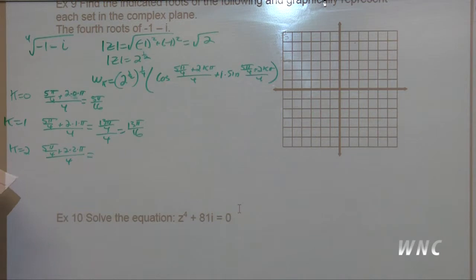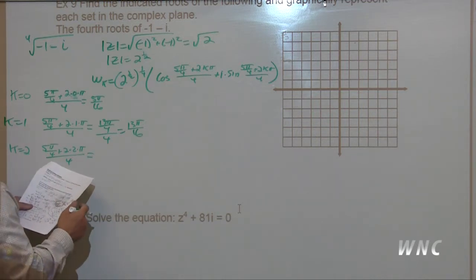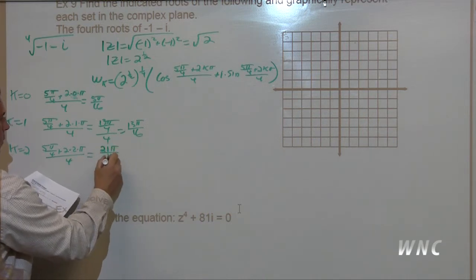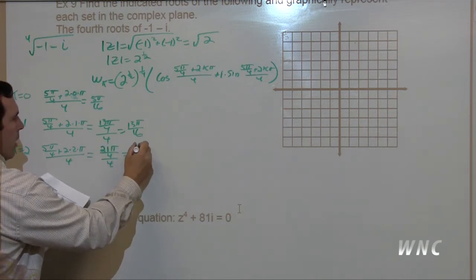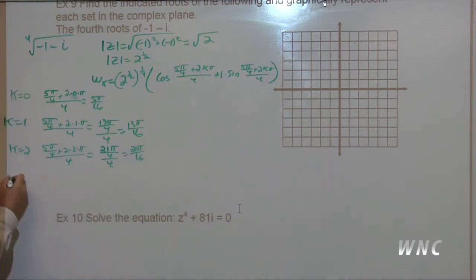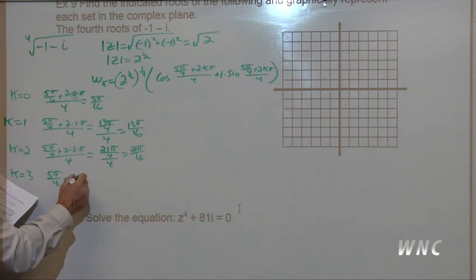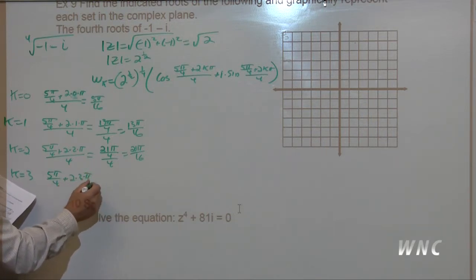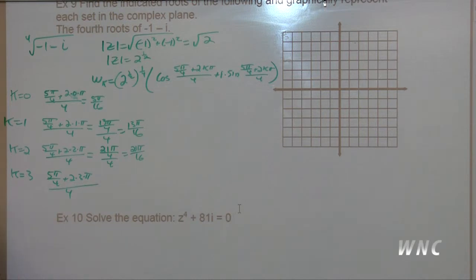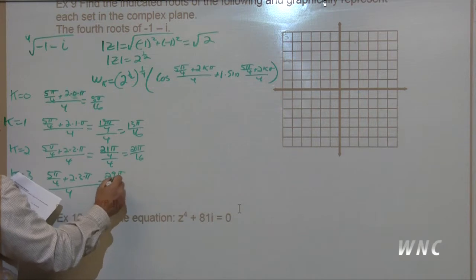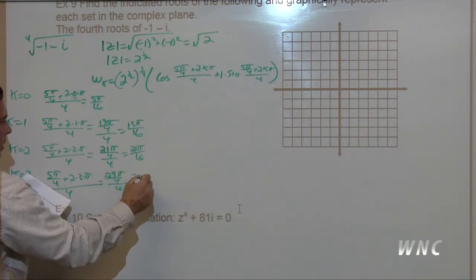That's going to be 21 pi over 4 over 4, or 21 pi over 16. And then we have k equals 3. 5 pi over 4 plus 2 times 3 times pi, all that's over 4. That's going to give us 29 pi over 4 over 4, or 29 pi over 16.